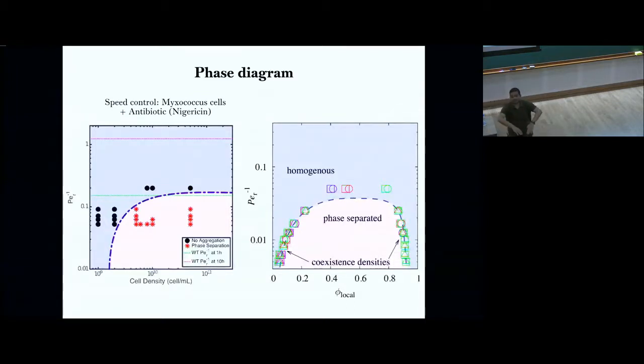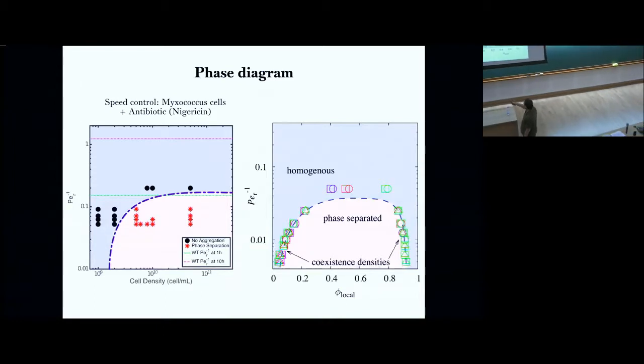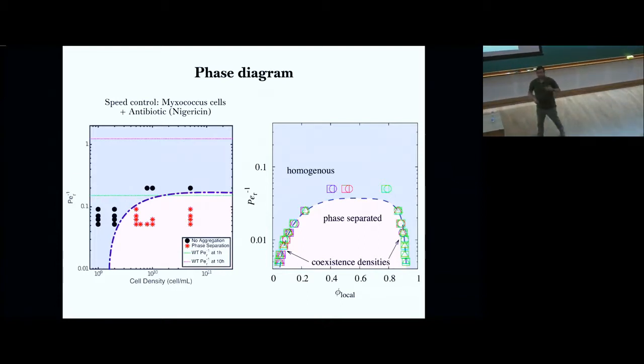And by varying the amount of this antibiotic, you can change the speed at which these guys move. And by changing the speed, you affect the Peclet number, of course. And we make a phase diagram by varying the speed and the cell density, and we do indeed identify a region where you get this phase separation dynamics on some time scale, and a region in which these cells don't aggregate at all, right?